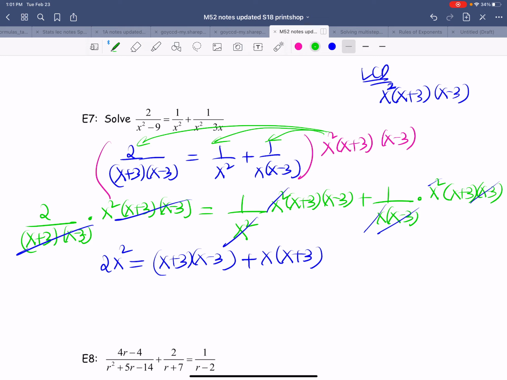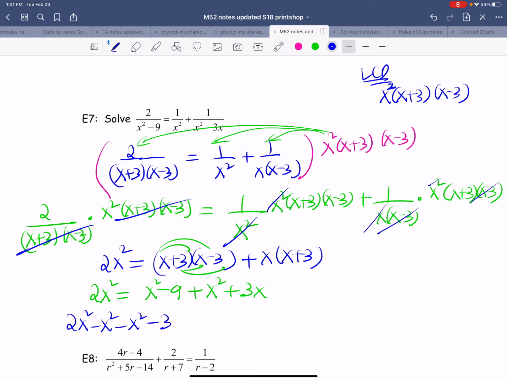Let's go ahead and distribute and FOIL, combine the like terms and simplify from there. 2x squared equals x squared minus 9 when you do first, outer, inner, last, plus x squared plus 3x. Now bringing all the terms to one side, we have 2x squared minus x squared minus x squared minus 3x plus 9 equal to 0.